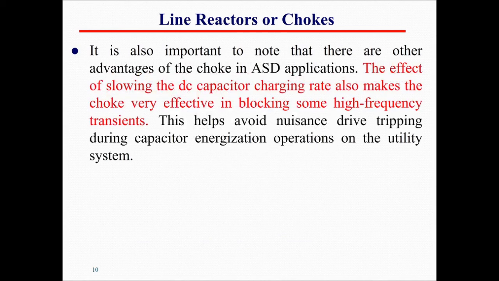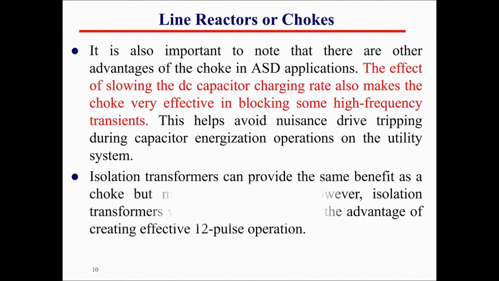It is also important to note that there are other advantages of the choke in the adjustable speed drive application. The effect of slowing the DC capacitor charging rate also makes the choke very effective in blocking some high frequency transients. This will help to avoid nuisance drive tripping during capacitor energization operation on the utility system.